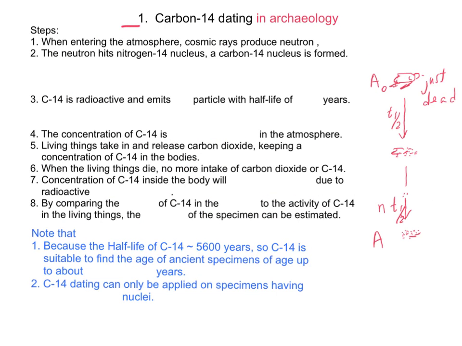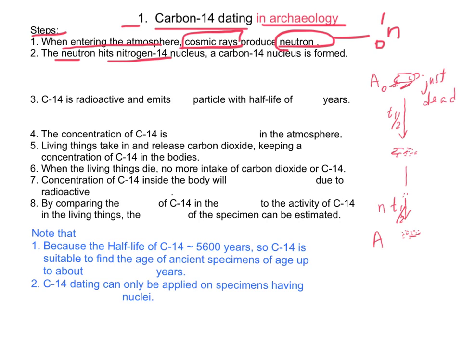First, let's see how we use carbon-14 dating in archaeology. The steps are: when entering the atmosphere, cosmic rays produce neutrons. When a neutron hits a nitrogen-14 nucleus, a carbon-14 nucleus is formed.